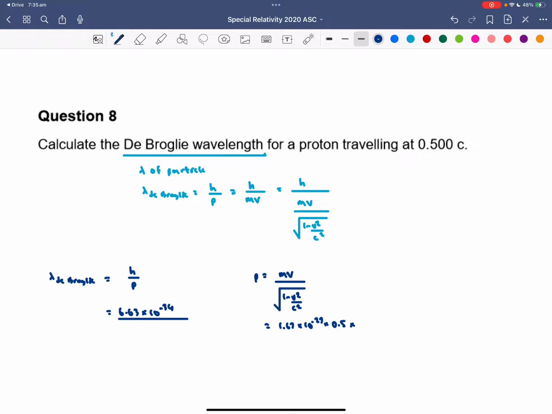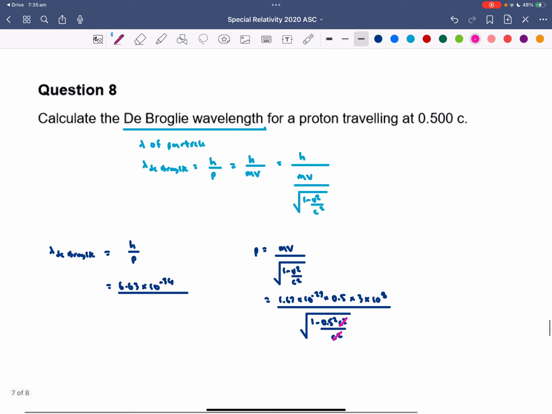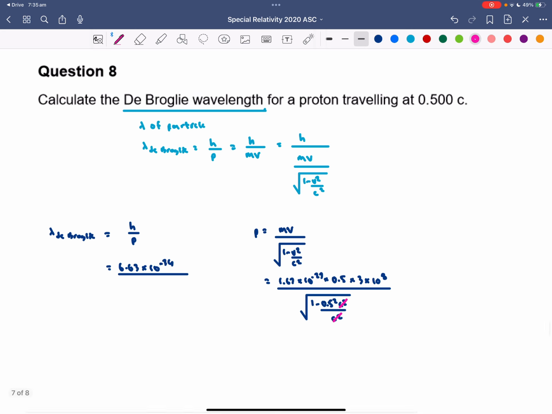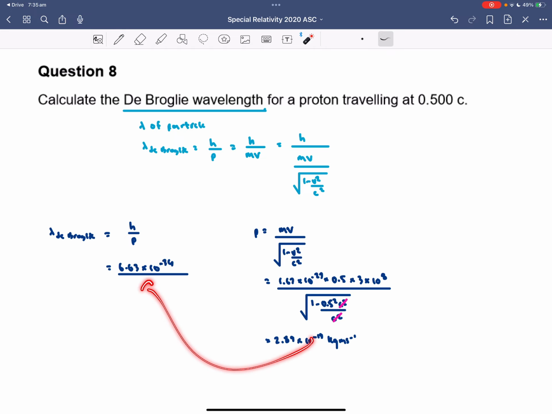The speed of travel is 0.5 times the speed of light, all over root 1 take v squared on c squared, which is 0.5 squared c squared on c squared. The c squared just crosses out. So what we have is 2.89 times 10 to the negative 19. If I did have to write units, kilogram meters per second. That's the momentum. Now that I've got the momentum, I can sub it into here.